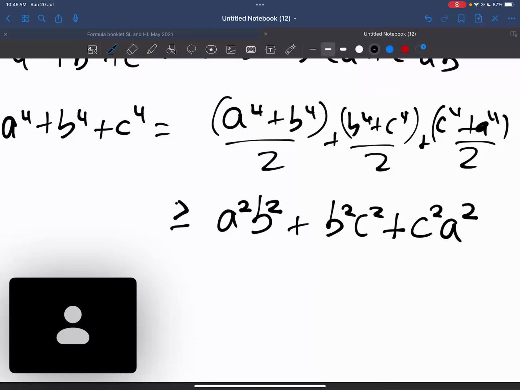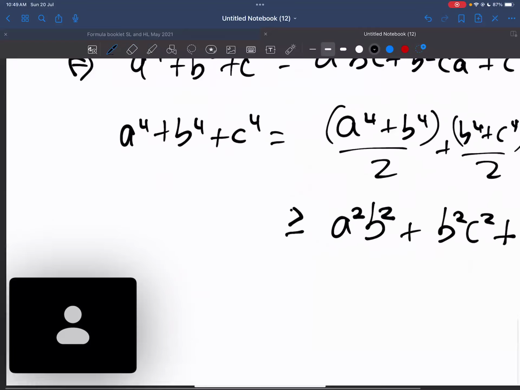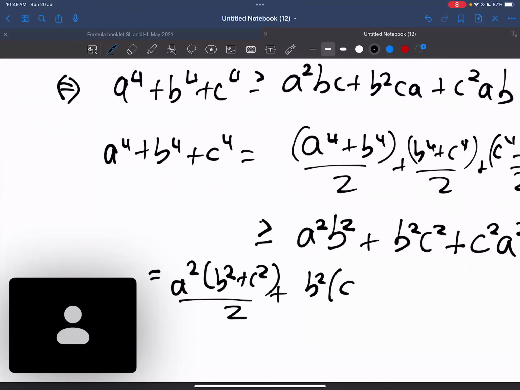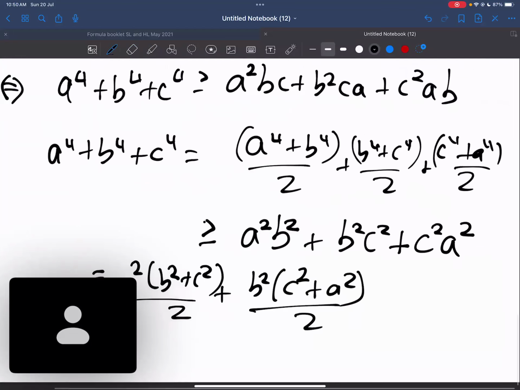And now we can rewrite this one, because this is equal to a squared times (b squared plus c squared) divided by 2, plus b squared times (c squared plus a squared) divided by 2, plus c squared times (a squared plus b squared) divided by 2.